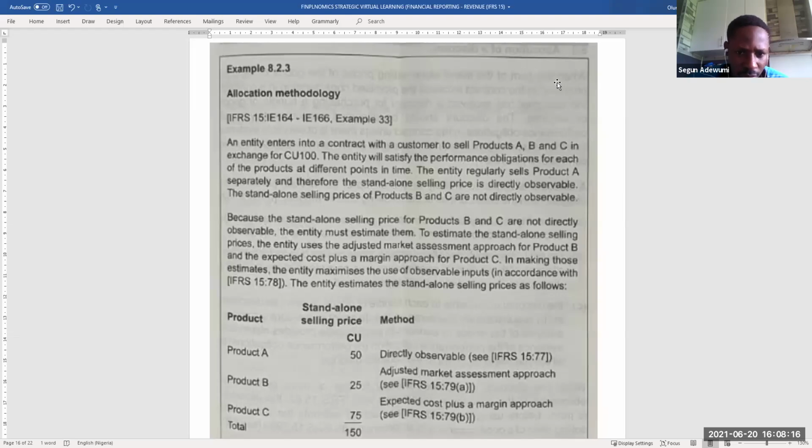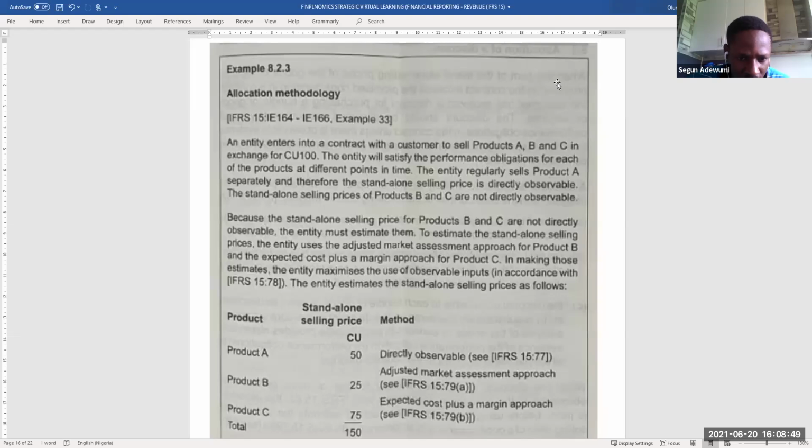Because the standalone selling prices for products B and C are not directly observable, the entity must estimate them. To estimate the standalone selling prices, the entity uses the adjusted market assessment approach for product B and the expected cost plus a margin approach for product C. In making those estimates, the entity maximizes the use of observable inputs in accordance with IFRS 15, paragraph 78. The entity estimates the standalone selling prices as follows.